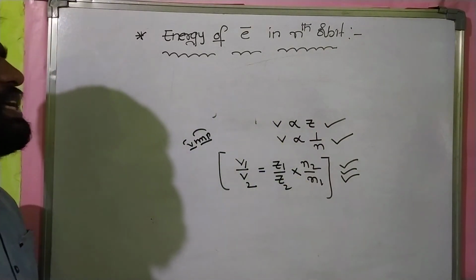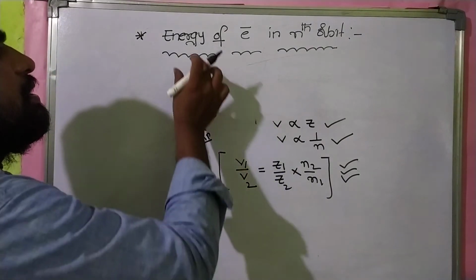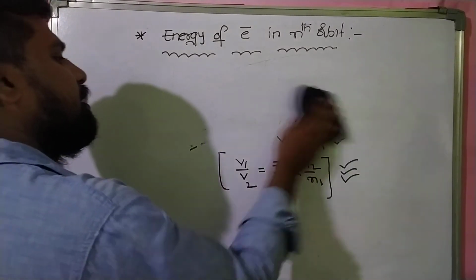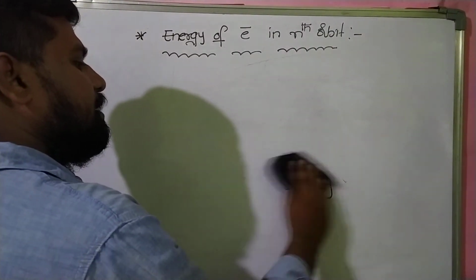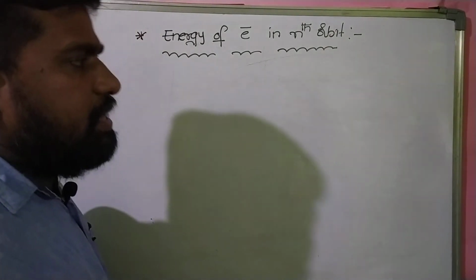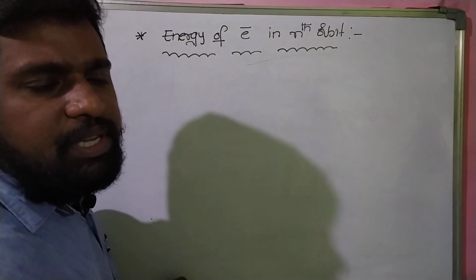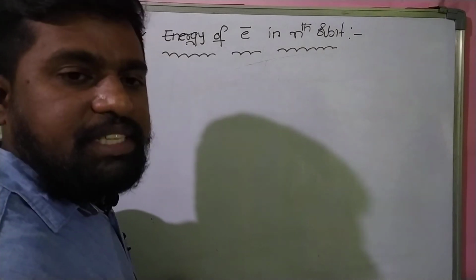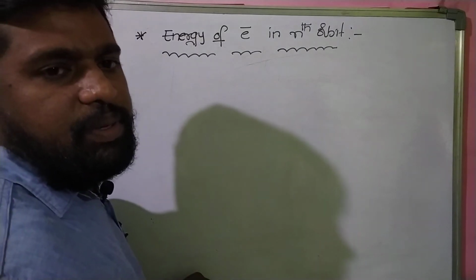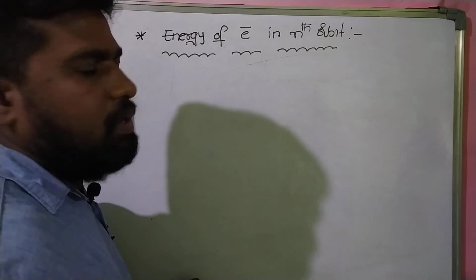We can easily determine the total energy of the electron. Once again, remember that the electron in the hydrogen atom or in hydrogen-like atoms revolves around the nucleus in circular paths called orbits, energy levels or shells. I don't want to recall the postulates of Bohr's model, as we know them very well.